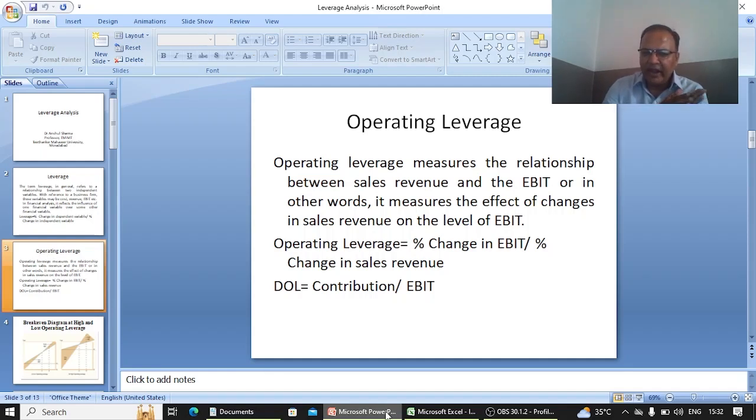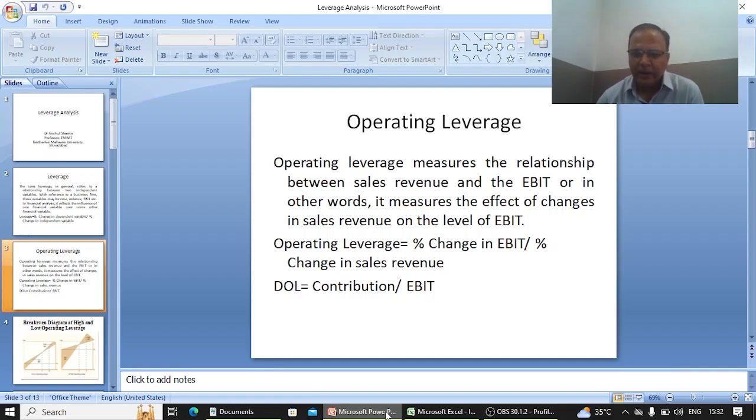Now, when we collected the fund for the establishment of the business, it means we had an intention to run the business. Now, suppose we have collected the fund and now we started the operation of the organization.